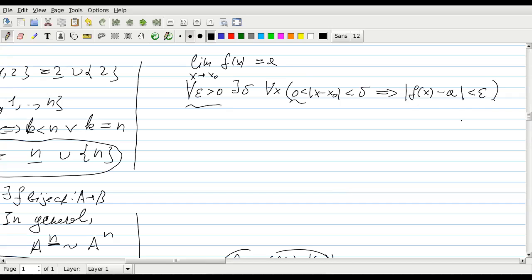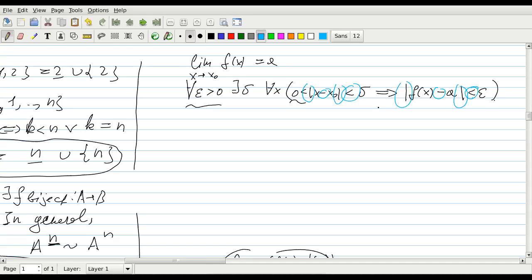Почему это арифметизация? Потому что я все свел с помощью кванторов и логической связки к трем вещам: к арифметической функции вычитания, к арифметической функции модуль, абсолютное значение, и к арифметическому предикату меньше.